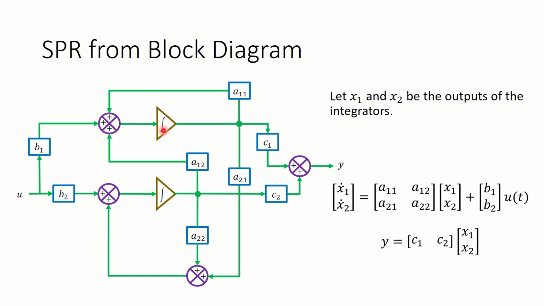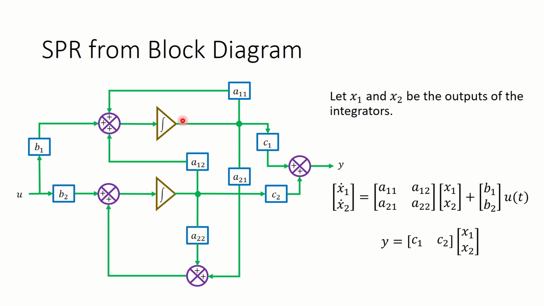So how many first order differential equations are getting created in this block diagram? Two, because there are two integrators. The output of one integrator you can write as x1, another as x2. I have chosen the output of the top one as x1 and the output of the bottom one as x2.